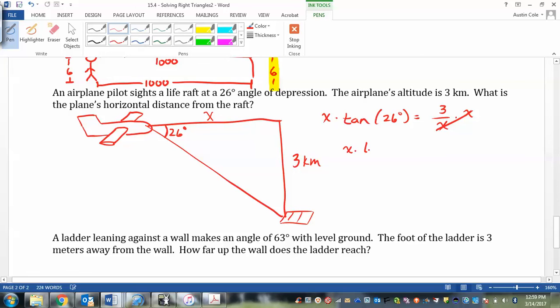So x times the tangent of 26 equals 3. Divide both sides by tangent. 6.15. It's awfully low, isn't it? It's 6.1509. Kilometers. Oh, yeah, we're in kilometers, though, right?